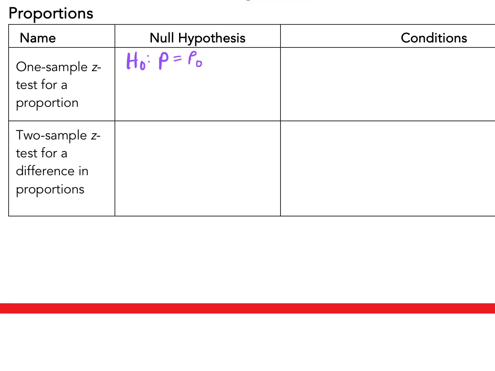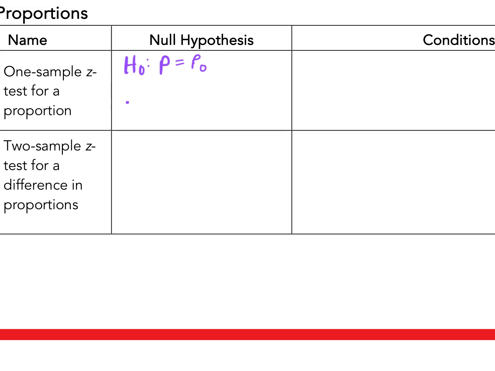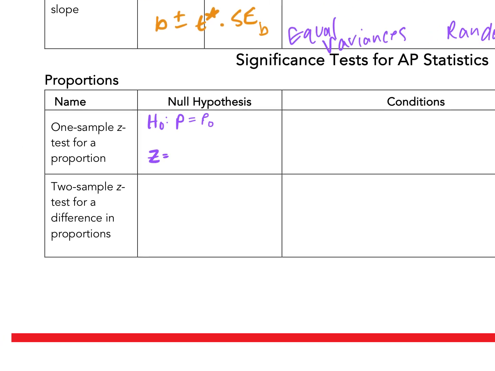All right. Now, the test statistic we get here, a reminder, and again, this is on your formula sheet, this is making sense of how to use your formula sheet. Your formula sheet says something like the standardized test statistic is your statistic minus the parameter divided by the standard error of the statistic, okay?